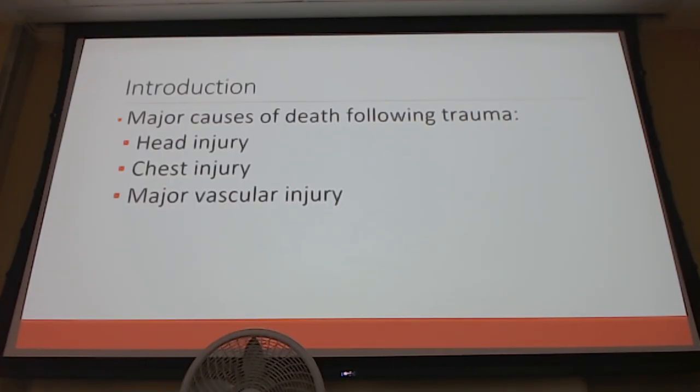So, for trauma, we like to say that there's a trimodal distribution of death in these patients. Initially, a significant percentage dies at the scene or before anybody even gets there. That's usually from massive brain injury, massive hemorrhage somewhere, large vessel injuries, and massive chest injuries. Those we can't really do anything about.